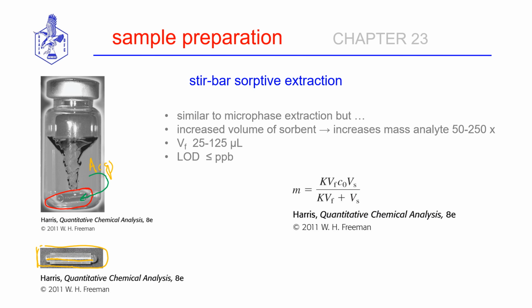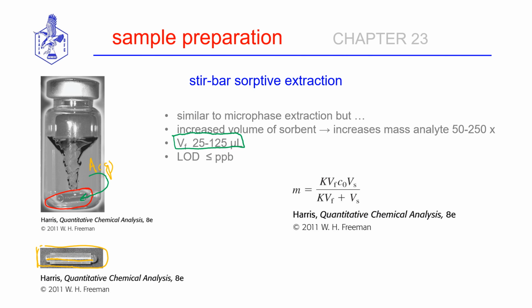So this works similar to the fiber with the microphase extraction, but this just takes it to the next level. The advantage is the amount, the volume of the stationary phase material on the fiber in the stir bar.